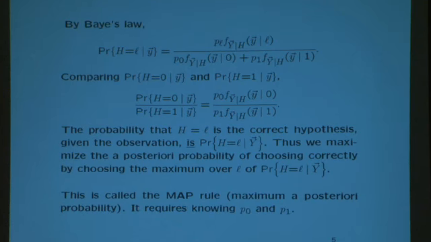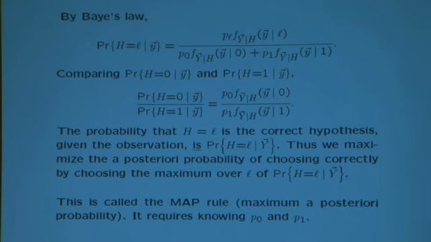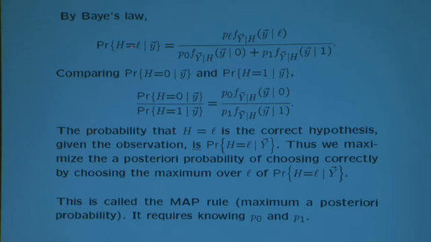And now life is quite simple once we've explained the model. We can talk about the probability that H is equal to either 0 or 1, conditional on the sample point we've observed.